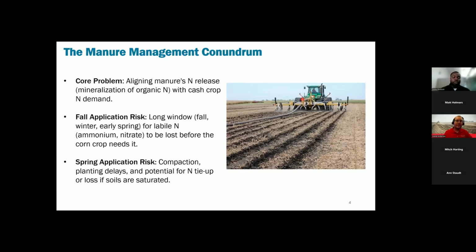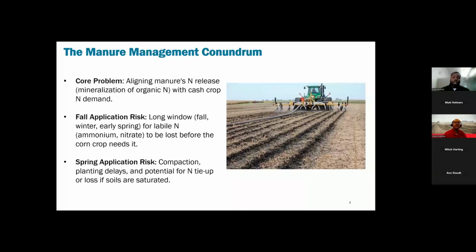So when we deal with manure, the timing of the manure application can pose certain risks or challenges to farmers. When a farmer decides to do a fall application, they have to deal with leaving it on the soil from, let's say, November right through April or May before the planting of the corn is done. And this could potentially lead to some leaching in the soil or within the subsurface drainage.